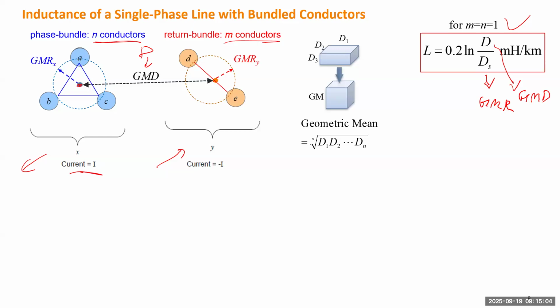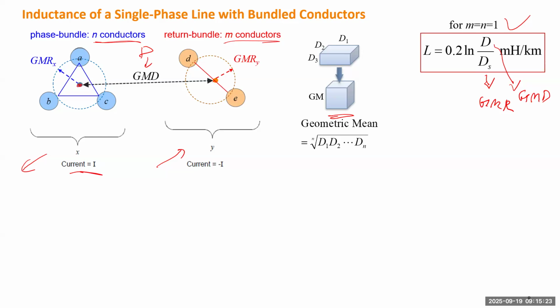So how do we calculate the GMD or GMR? Assume we have a shape which is not perfectly symmetric. In this case, we draw just a three-dimensional volume, and we can always get a cube of the same volume.